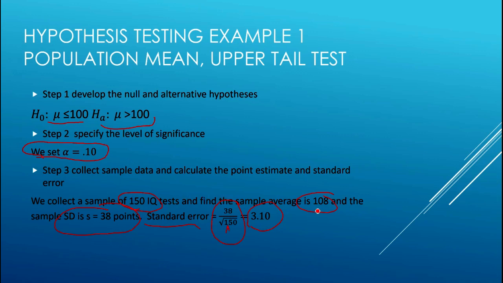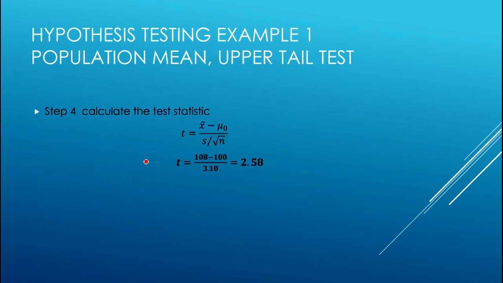Basically, the components are the 108, the 100 value under the null hypothesis when it holds with equality, and of course the standard error. So here's the actual test statistic and the way that it's calculated, and I filled the numbers in below for our example. First, just focus on the top formula. What shows up in the test statistic here is X bar, the sample estimate of the population parameter.